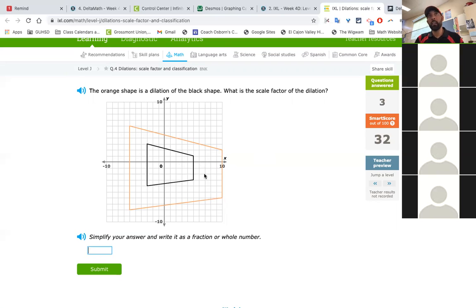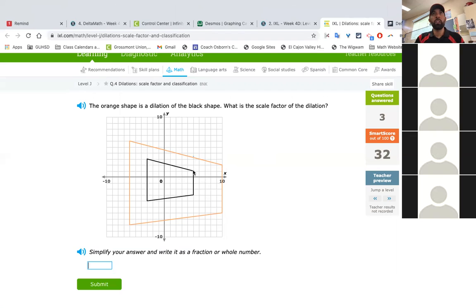Pick one side of these shapes. I'm going to pick this side, and don't pick a diagonal side. Pick one that's either going straight up or straight across. All right, and measure it. So from here to here, that's 4 units.